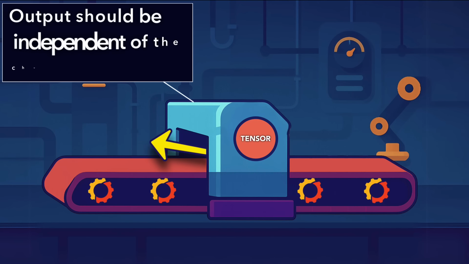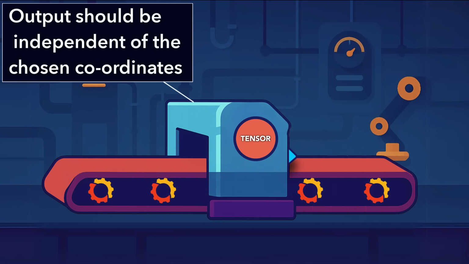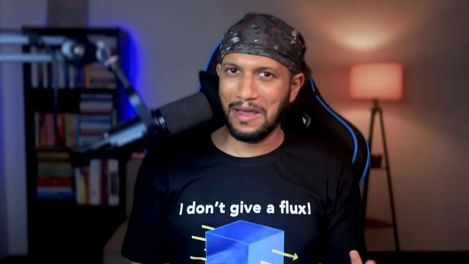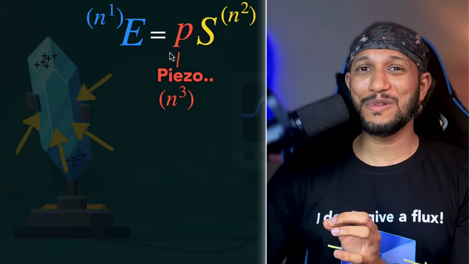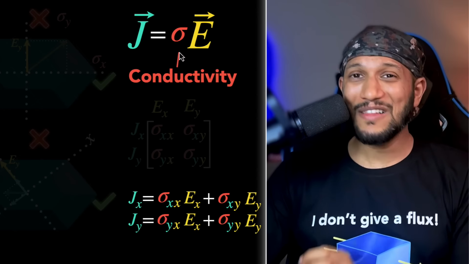The first one is that the output should not depend on how you draw your coordinate axes. I mean, if you change the coordinate axes, the tensor components will change, but it should change in such a way that the output remains the same. You should get the same output for the given input, right? Because nature does not care how you draw your lines. And second, we noticed something across all our examples. We had proportionalities.